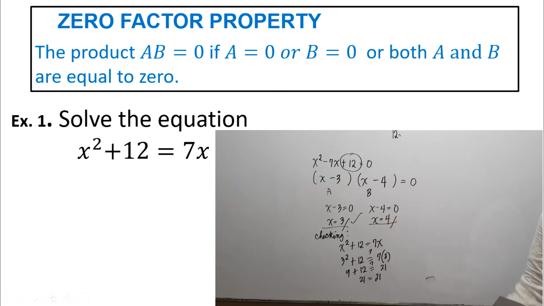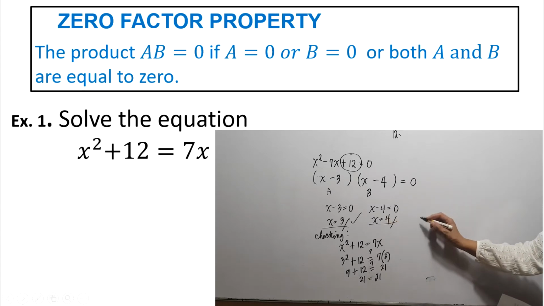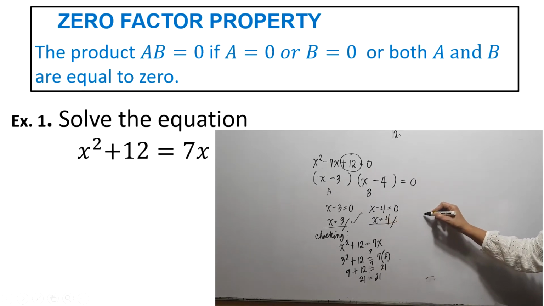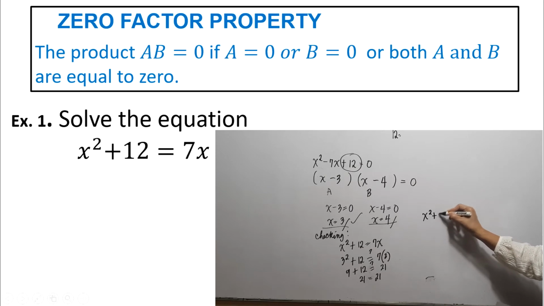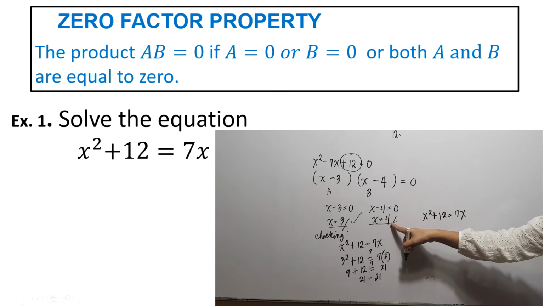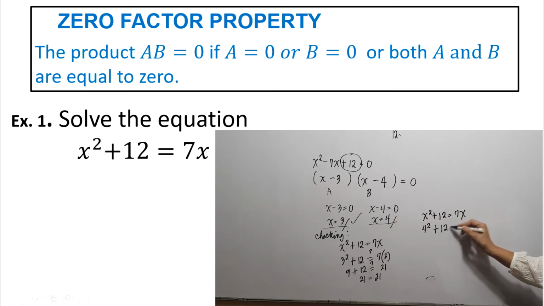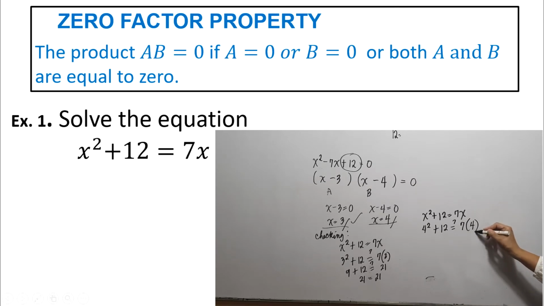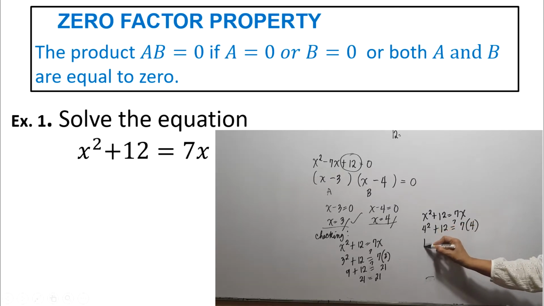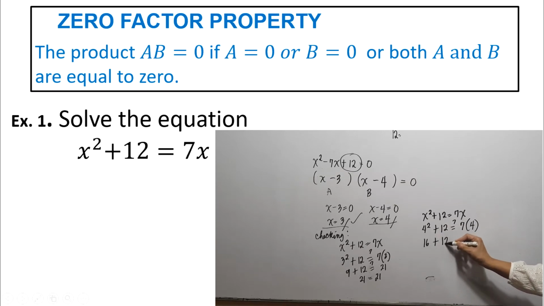How about the second one? X equals 4. So, again, the original, x squared plus 12 equals 7x. So, we have 4 squared plus 12. Is that equal to 7 times 4? 4 squared is 16 plus 12.